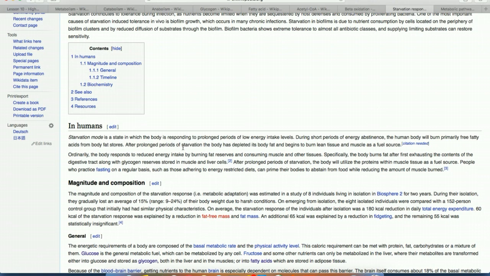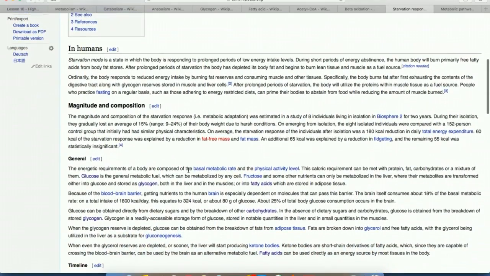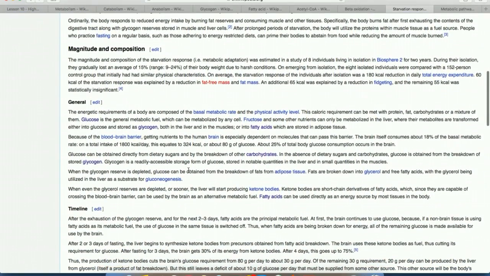After prolonged periods of starvation, the body has depleted its body fat and begins to burn lean tissue and muscle as fuel source. So that is not a good thing. I could continue reading on this.